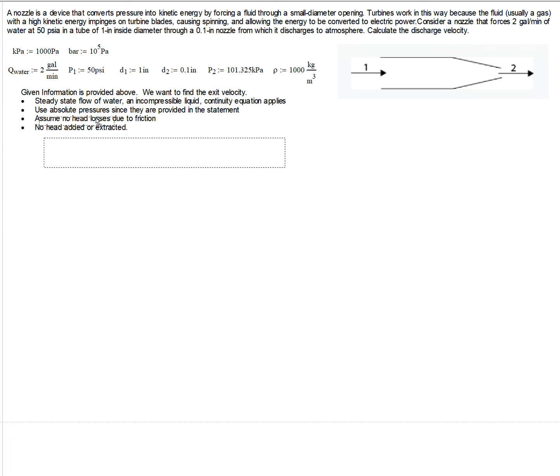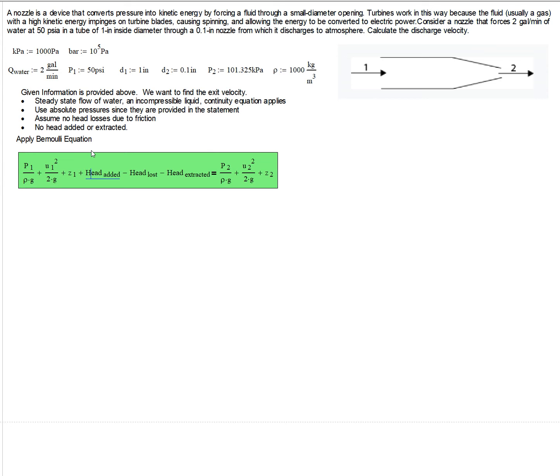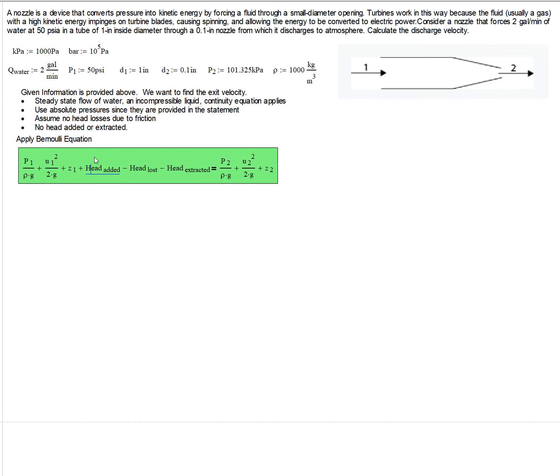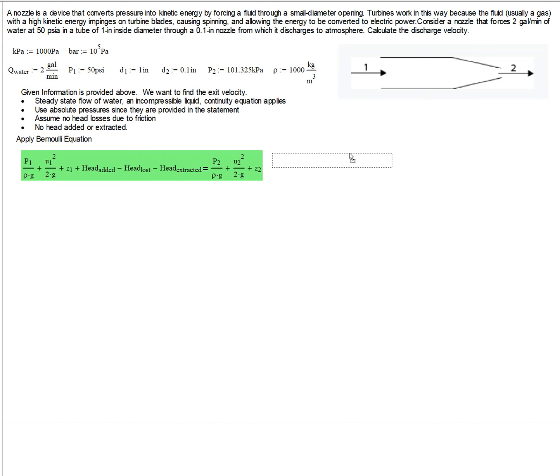And so when we apply our Bernoulli equation, this is what we're talking about. There's no head added, no head loss, no head extracted, and so we're just dealing with these terms. We can also assume that because this is horizontal, there's no change in elevation, so our Z1 is going to equal our Z2.